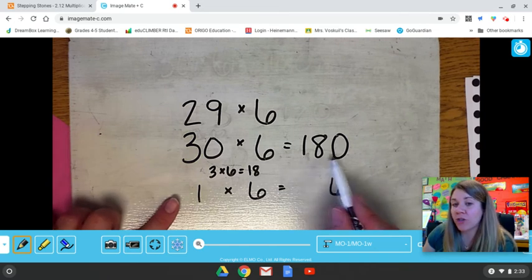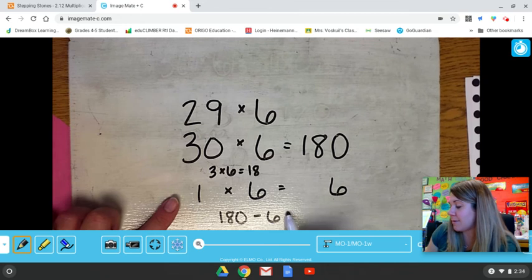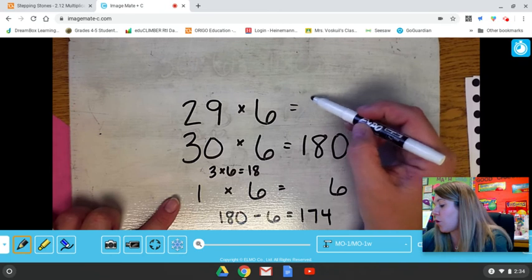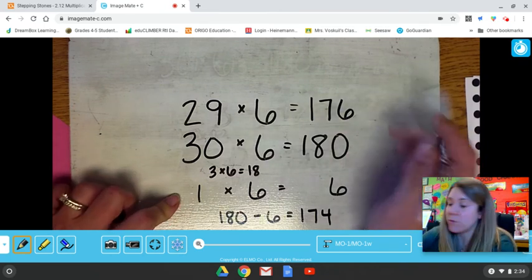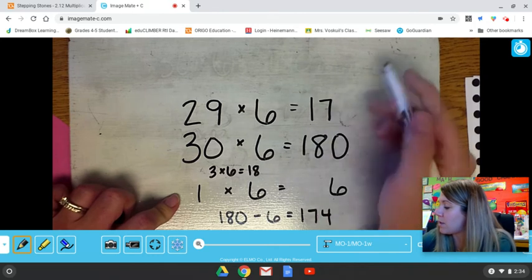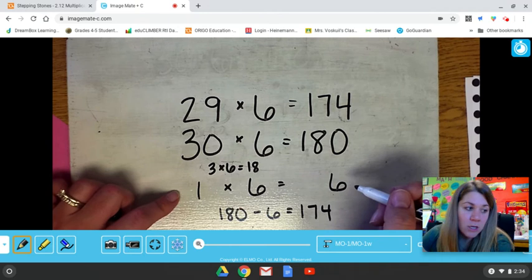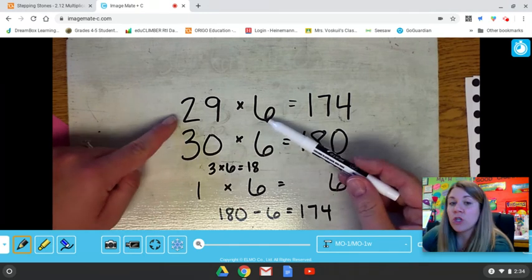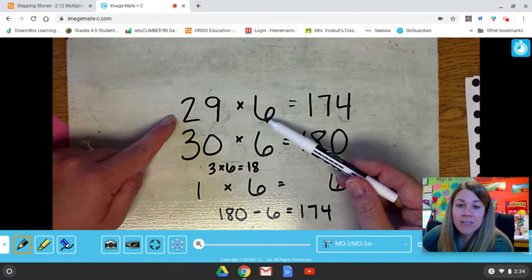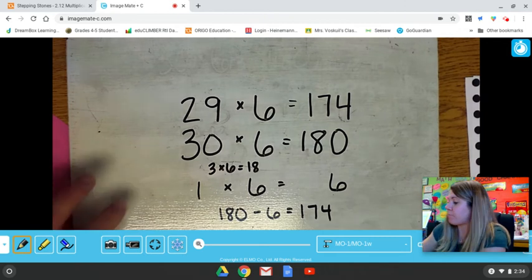So I'm going to end up doing 180 minus 6 equals 174. So 29 times 6 equals... oops, I wrote that wrong. Equals 174, right? So I did 30 times 6 to help me with 29 times 6 because it's just one group less, right?